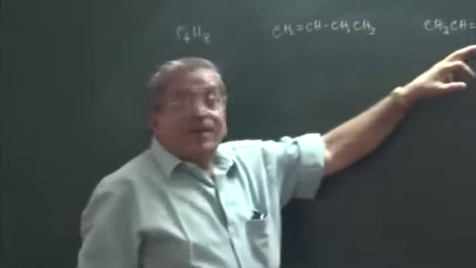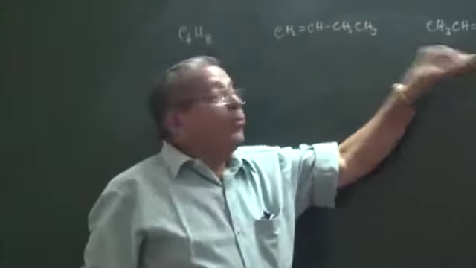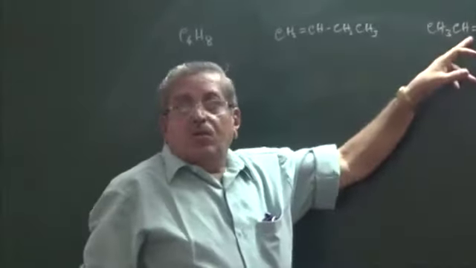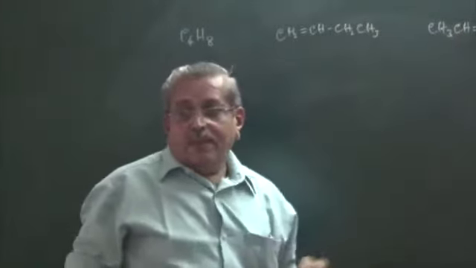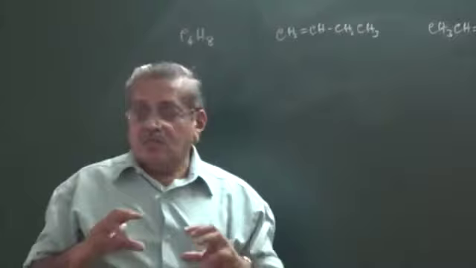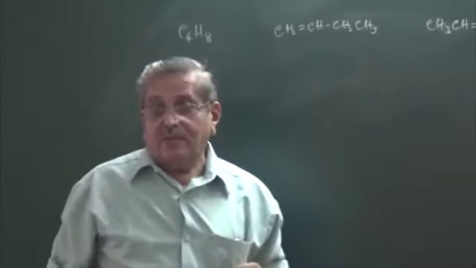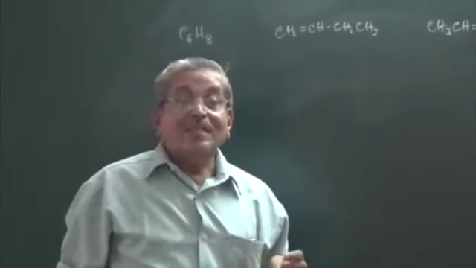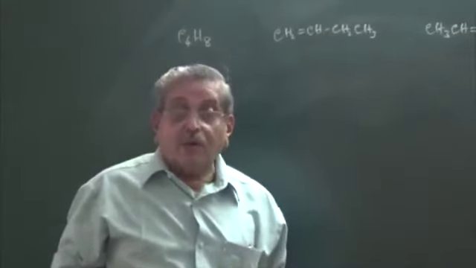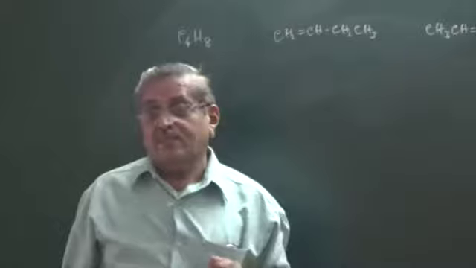Now here, if you take 2-butene, we have already worked out some problems. About a single bond, it is cylindrically symmetrical. About a triple bond, it is also cylindrically symmetrical. About a double bond, it is not cylindrically symmetrical.